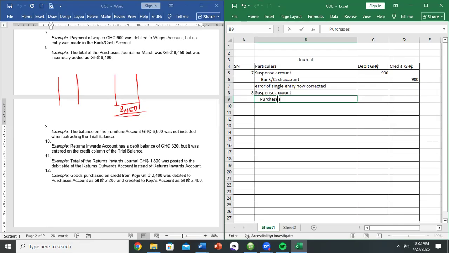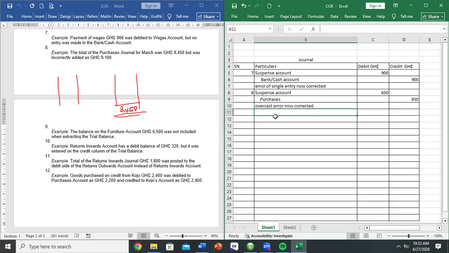So how much? 650. Then you put your narration there. You have to be specific with the particular type of casting error, right? So this is an overcast. So: overcast error now corrected. You can also say overcast of purchases now corrected, whichever way.